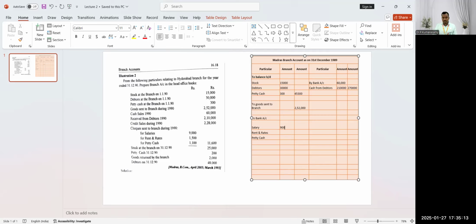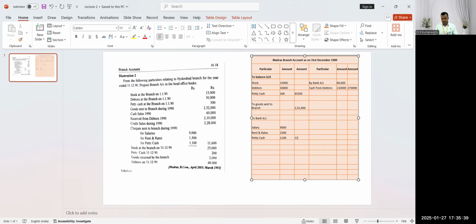For these three items, they have given cash to the branch office. What is the total amount? You sum up the total amount of salary, rent and rates, petty cash. 1,500, then 1,100. These three items should be summed up. You sum up these three amounts, 9,000, 10,500, 11,600.